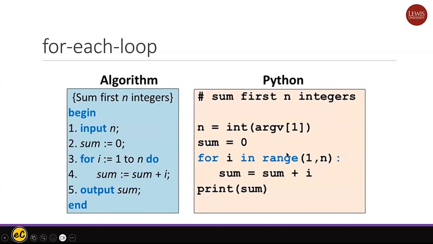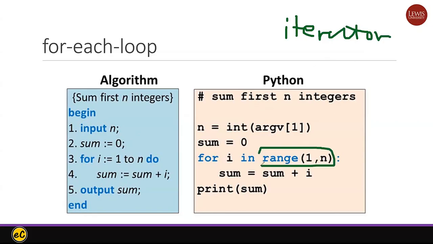And then this one is the for each loop. To make the for each loop work, you must have a new concept called an iterator. Usually for each needs your language to have an iterable object over here. This range function creates a sequence, and this sequence is iterable.